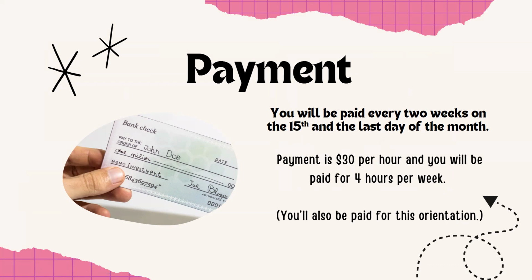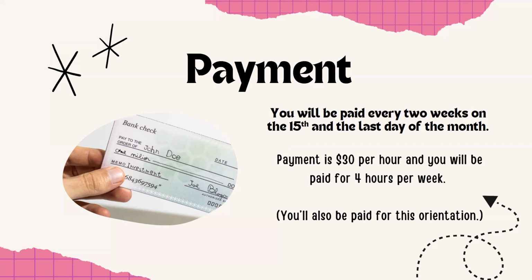So you're getting the $30 rate, but we wanted to add in at least some of your prep time and things like that for classes. So you'll get paid 4 hours worth of work for each week. Classes are about 2 to 2.5 hours, because it's 1:15 on Tuesdays and 1:15 on Thursdays.